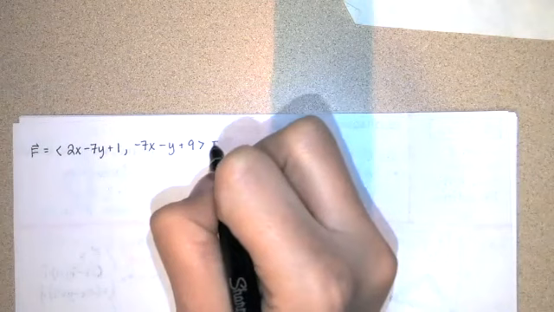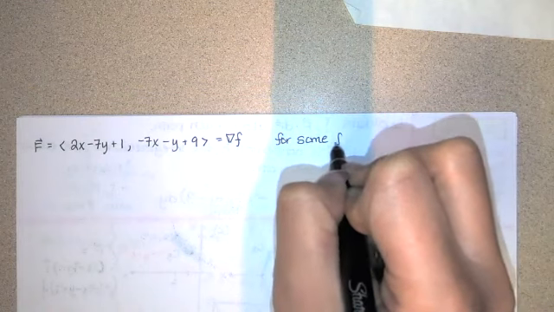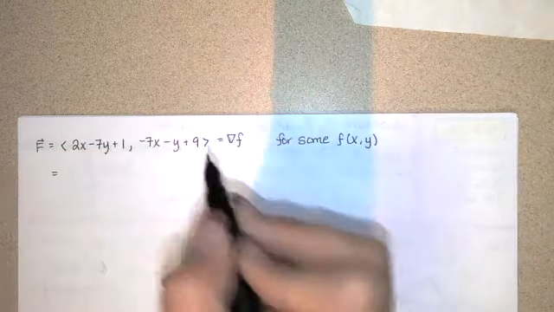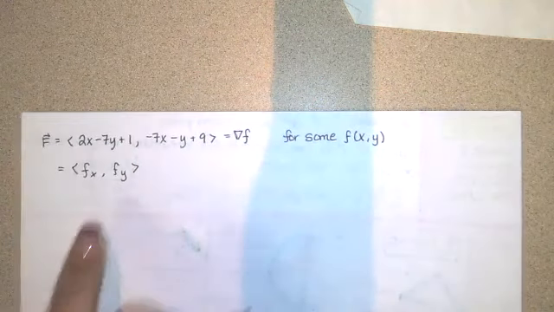Now that is equal to the gradient of some function little f, and the gradient of little f is a vector with two components.